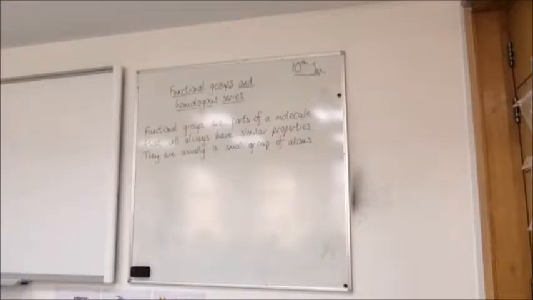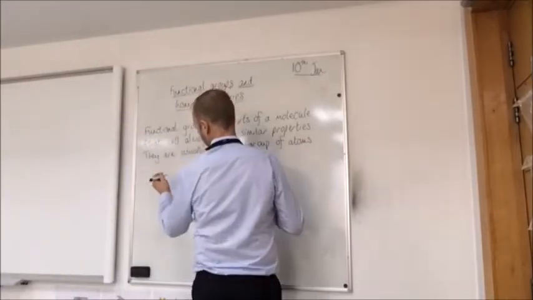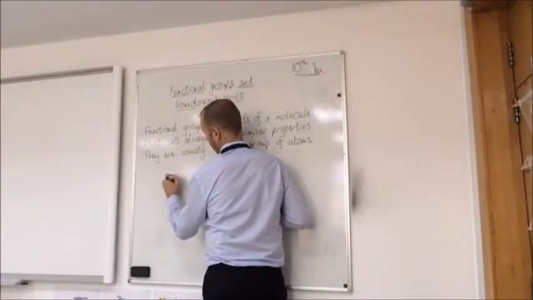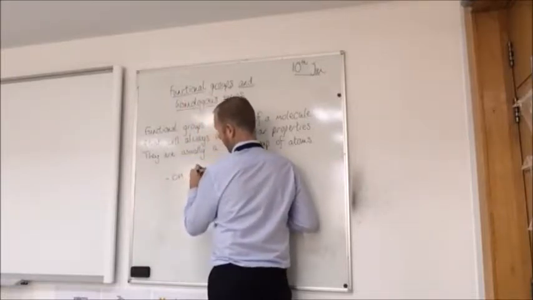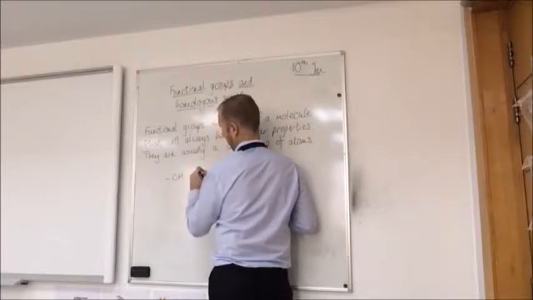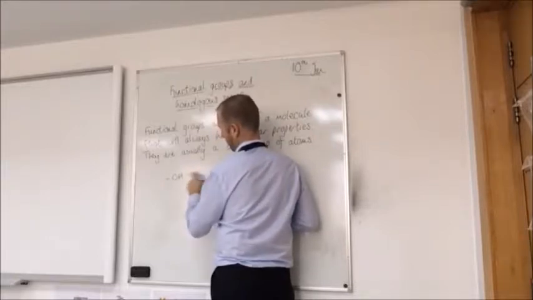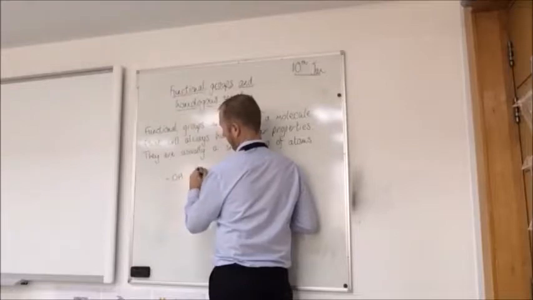If we go through a couple of different functional groups, you'll see. We already know this one from alcohols. The functional group there, we would call it a hydroxyl group.